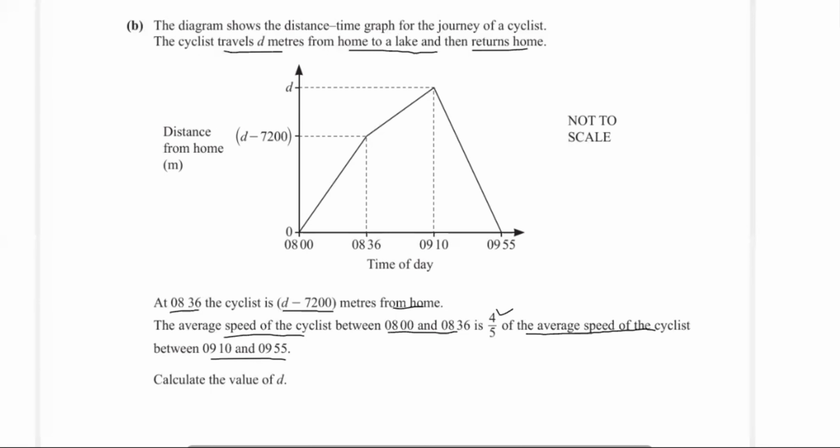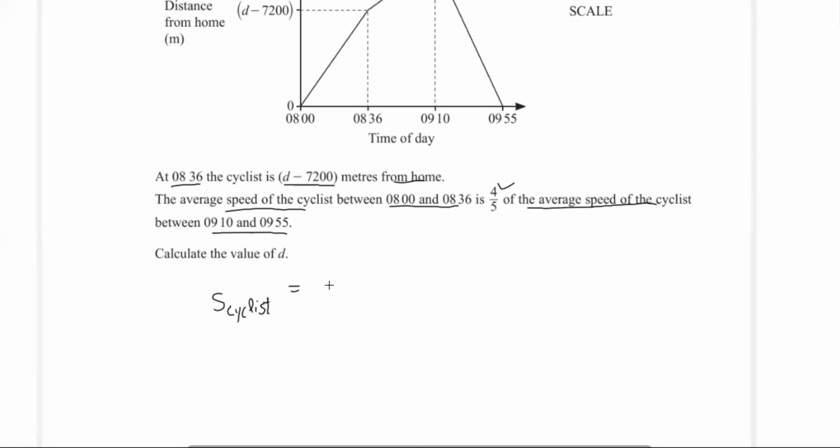to 9:55. Now you see here the speed of the cyclist between 8 to 8:36 will be equal to distance over time. Now the distance will be equal to d minus 7,200 divided by time. Time is 8 to 8:36, which is 36 minutes.